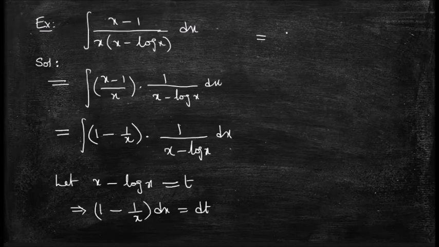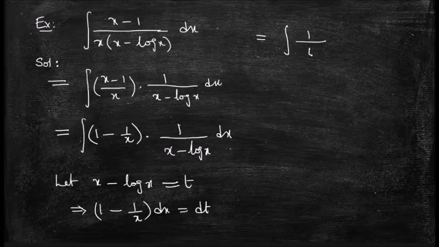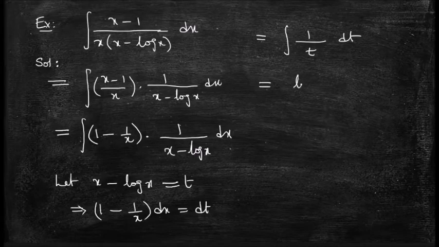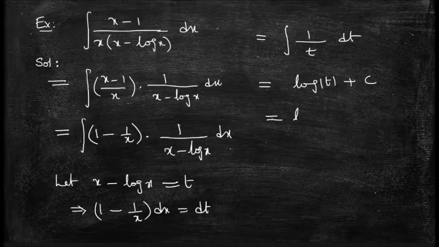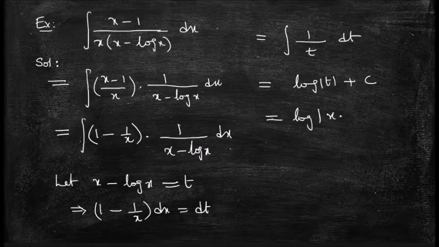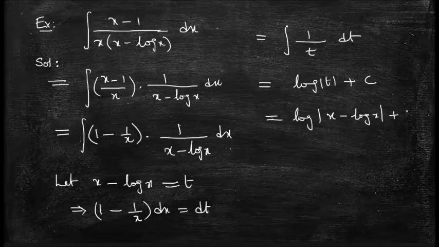So what happens to that? Integration of 1 by t dt. What is integration of 1 by t? It is log t plus c. Log of what is t? We have supposed x minus log x, plus c. Hope you have understood this problem, right?